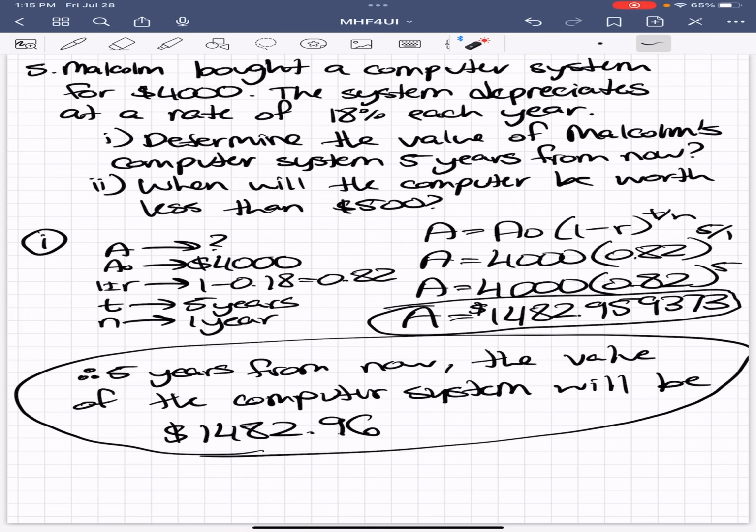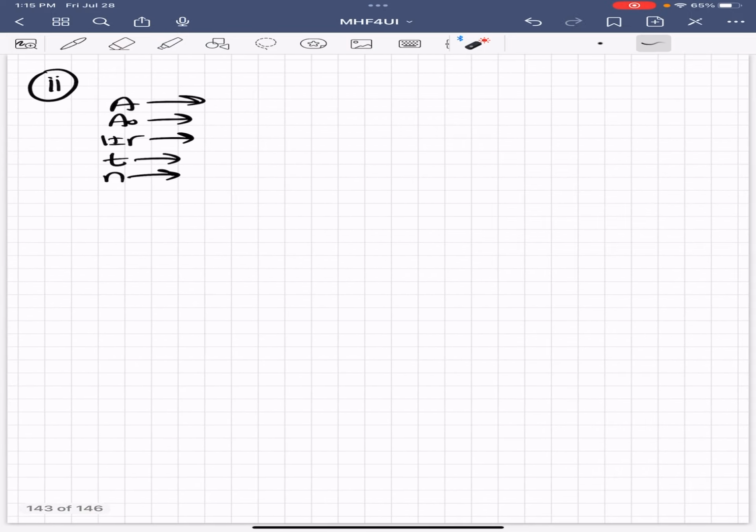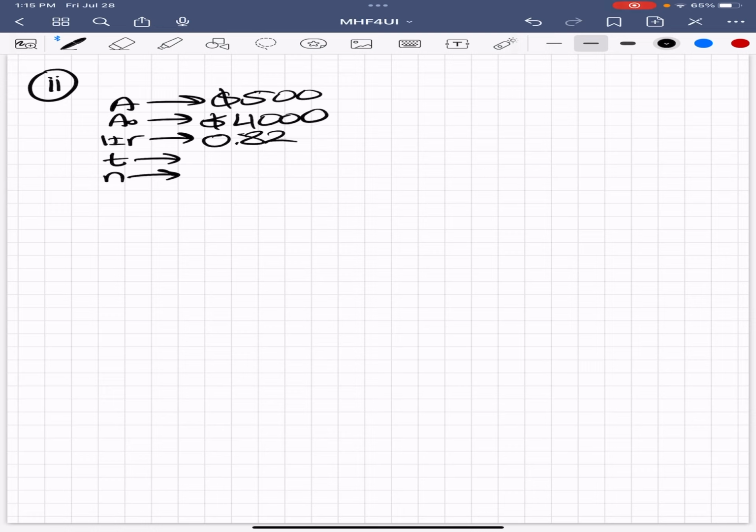So, question 2. When will the computer be worth less than $500? Our final amount is $500. Actually, our initial amount is $4,000. It depreciates at 18% per year, so it's 1 minus 0.18, which is 0.82.